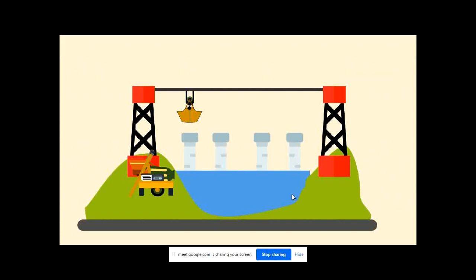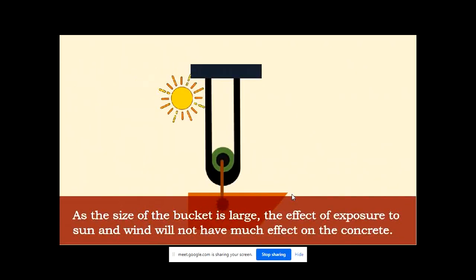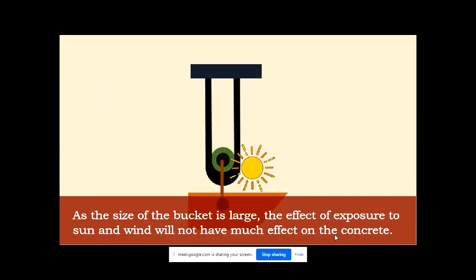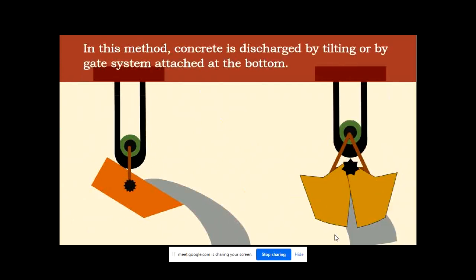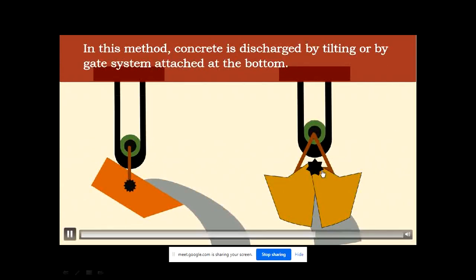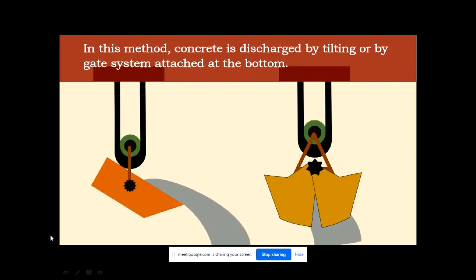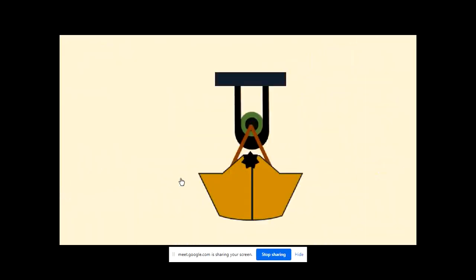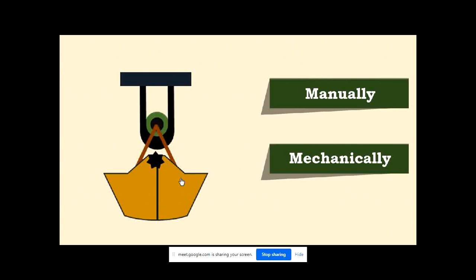The movement of the buckets is completely controlled by the pulley arrangement. As the size of the bucket is large, the exposure to sun and wind will not have much effect on the concrete. In this method, concrete is discharged by tilting or by a gate system attached at the bottom. The gate is controlled either manually or mechanically.